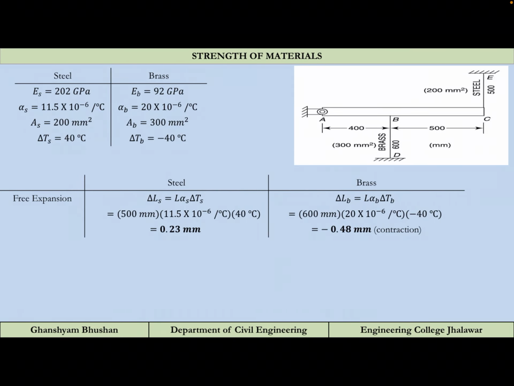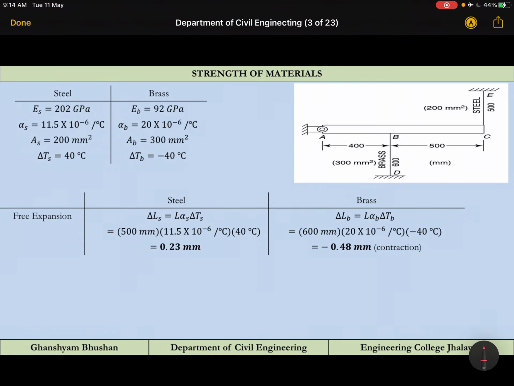So let us see how we are going to deal with this. The corresponding area and the corresponding temperature are written here. The expansion in steel comes out to be 0.23 mm and the contraction is 0.48 mm. The sign is not necessary, but you must know what it means: if the temperature is decreased, the bar will contract, and it comes out to be 0.48 mm.